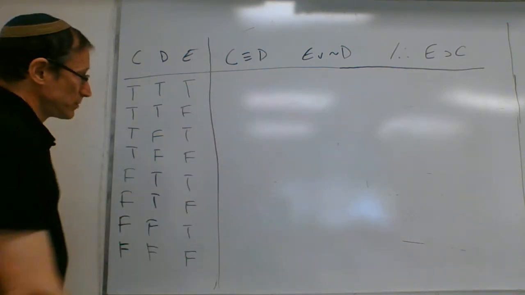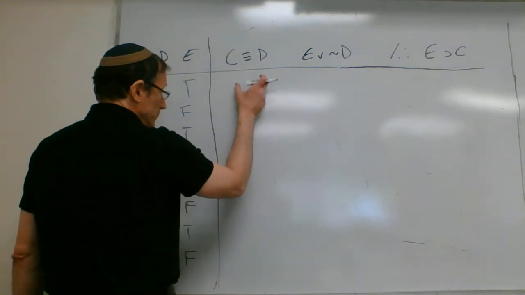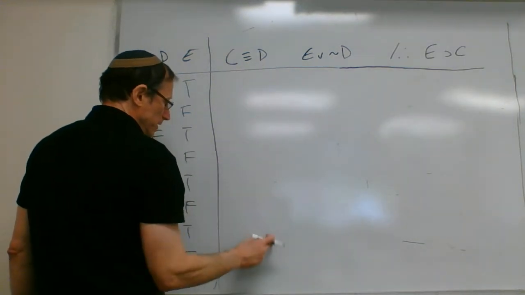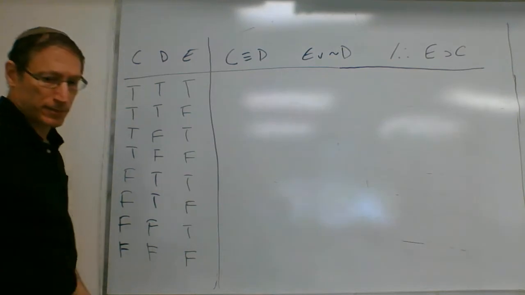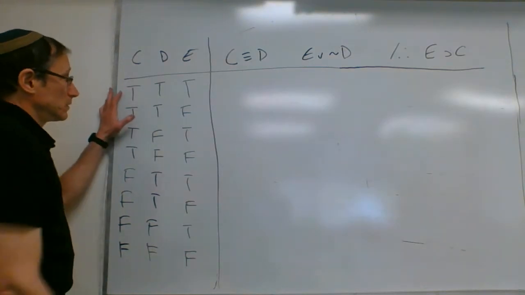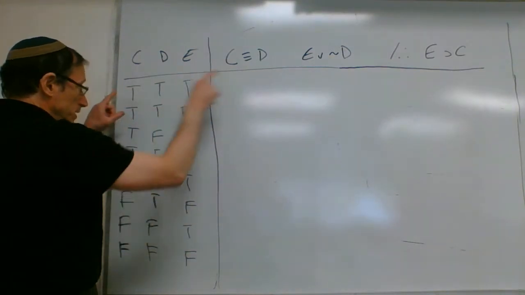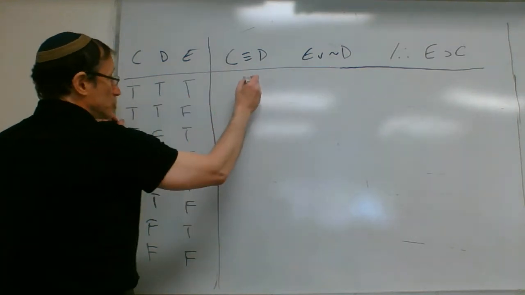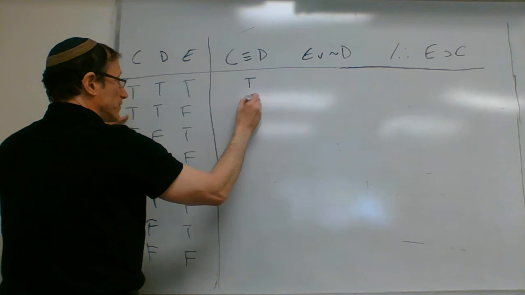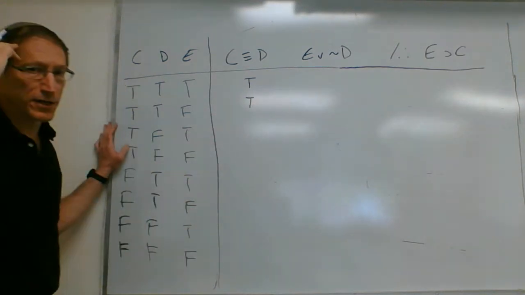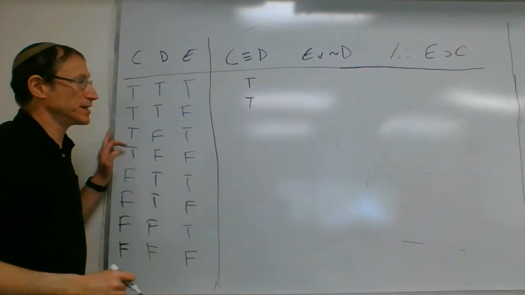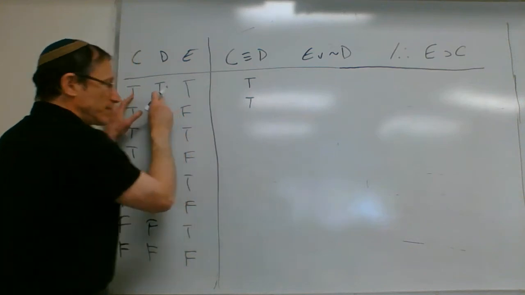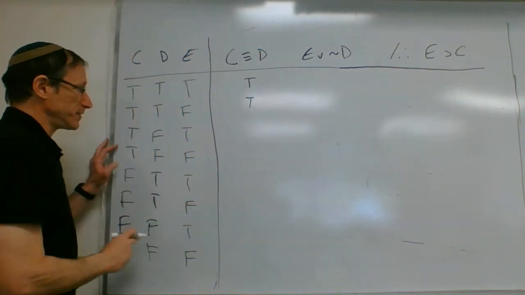Now, you go to each component, and then you do the truth table for each formula. So, the main thing here is to make sure you're looking at C and D. Those are the first 2. It's going to be true whenever they're the same. Remember the definition of biconditional is that it's going to be true whenever they have the same value and false whenever they're different.